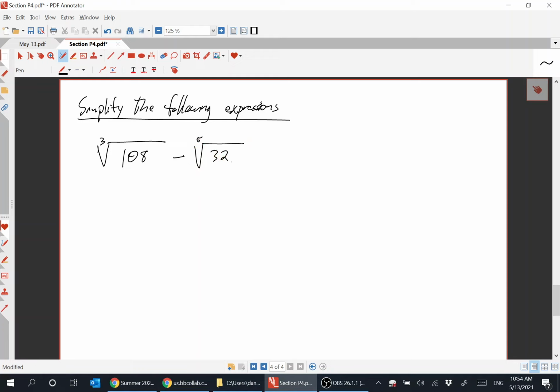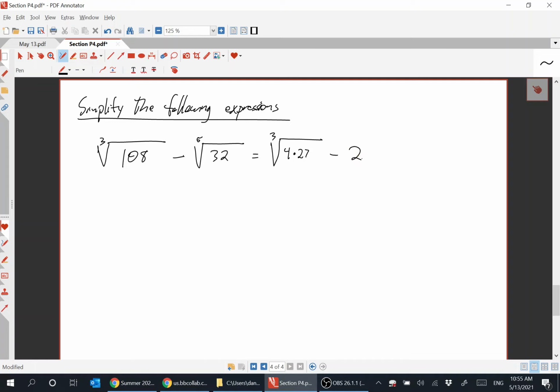So how about this? The third root of 108 minus the fifth root of 32. Okay, well, what can we say about the number 108? Well, 108, we know it's 4 times 27, right? And then the fifth root of 32, well, 32 is 2 to the 5th.